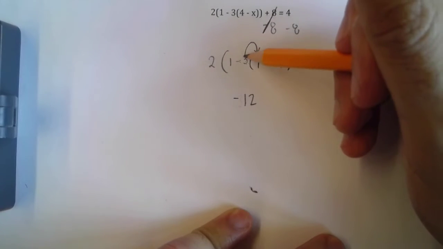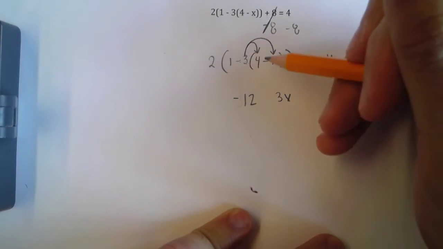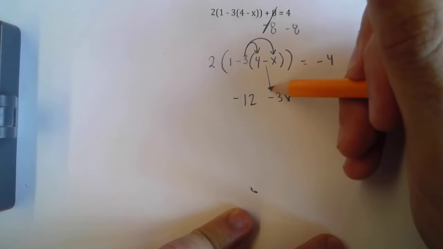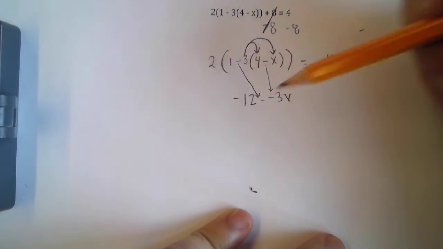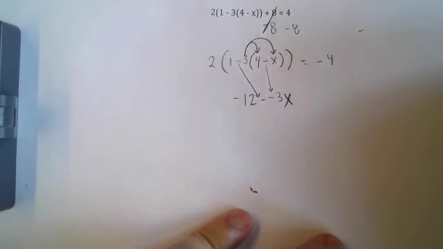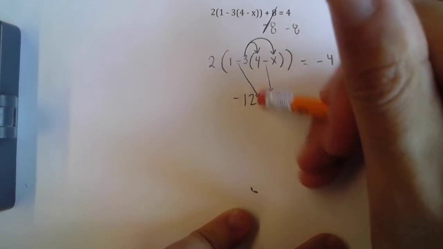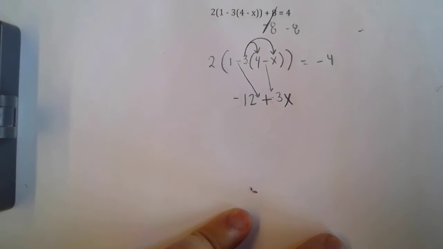Similarly, if I am multiplying this 3 times x, I get 3x that I am subtracting, but I'm also subtracting the value of negative 3x. And if I'm subtracting negative 3x, that is the equivalent of adding 3x.